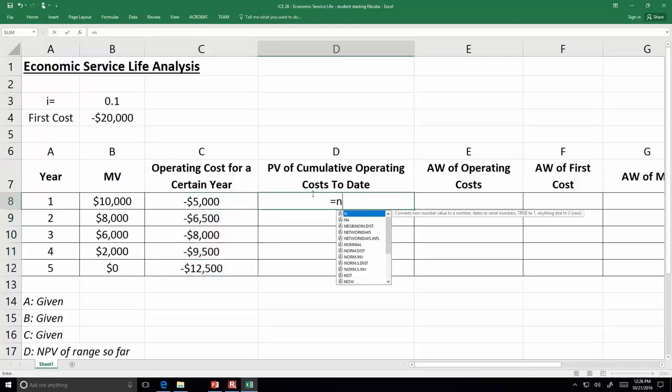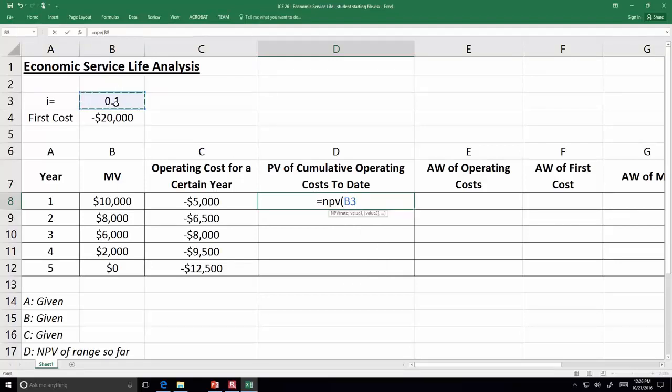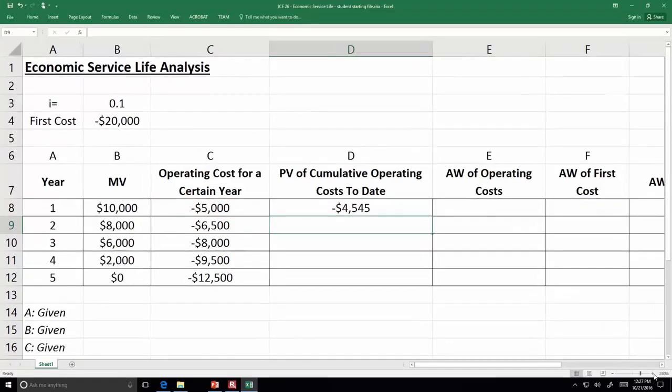And so you can do NPV, and then it's asking for rate, so you click on the interest rate, and then comma, and just all of the values that are accumulating for the year until where you're at. Right now we're in year one, so it's just going to be that first one. Close parentheses, enter. So what does that amount mean? The $4,545.